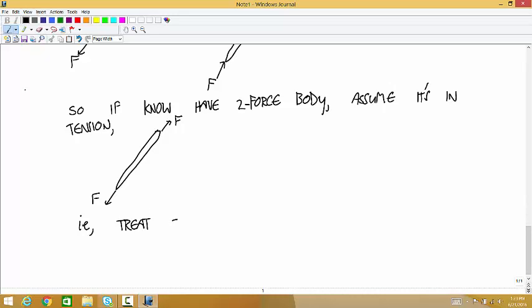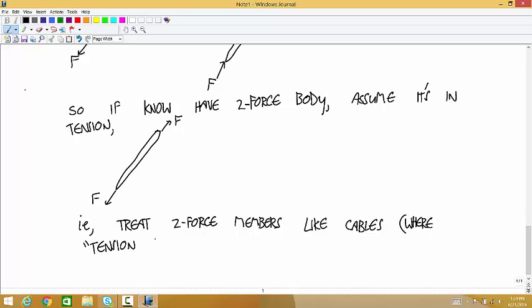So treat two-force members like cables, where the tension can be positive or negative. Okay, so let's see how this works.